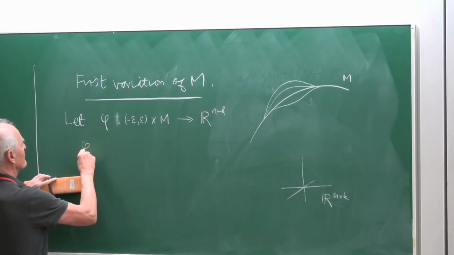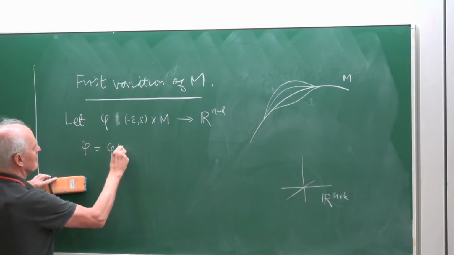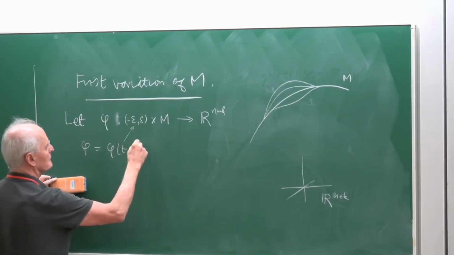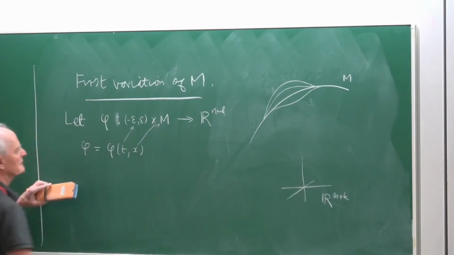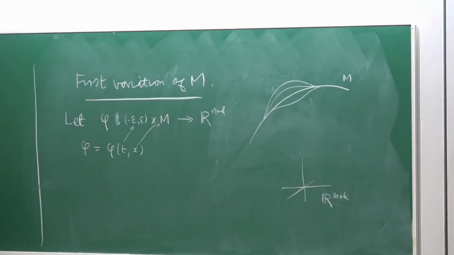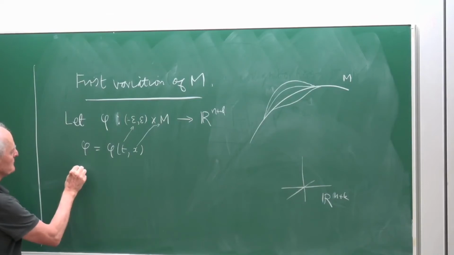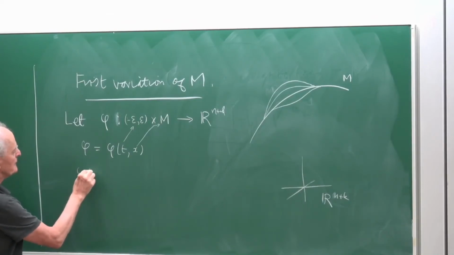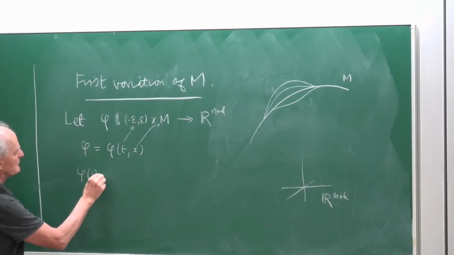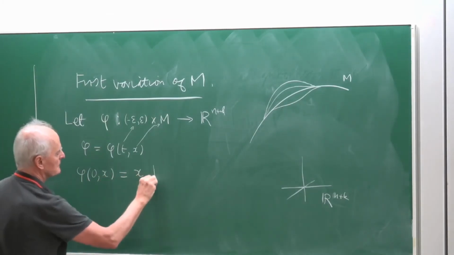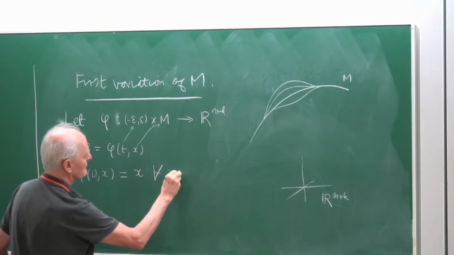And let's write φ = φ_t(x), where t is in the interval (-ε, ε), and x is in M. And let's impose some restrictions. Let's agree that φ at time 0 starts off as the identity. This is for every x in M.